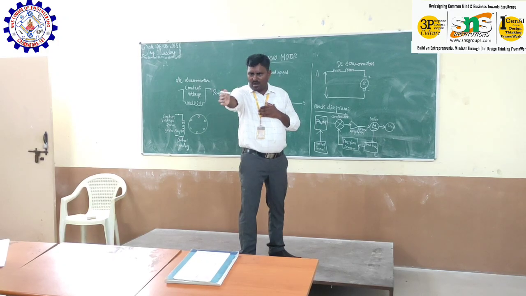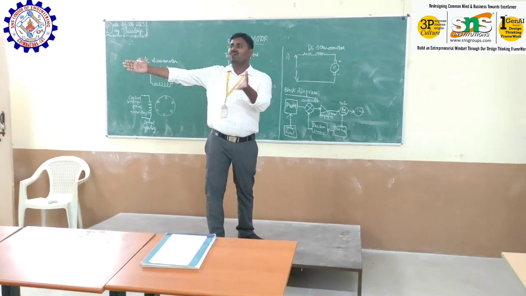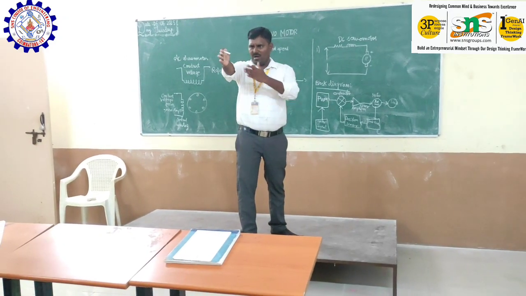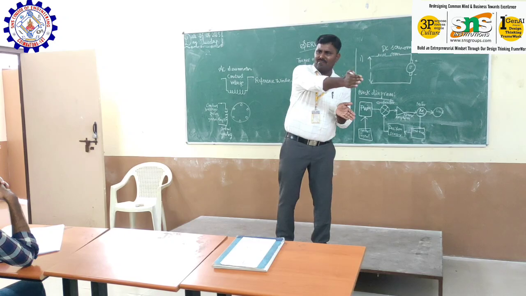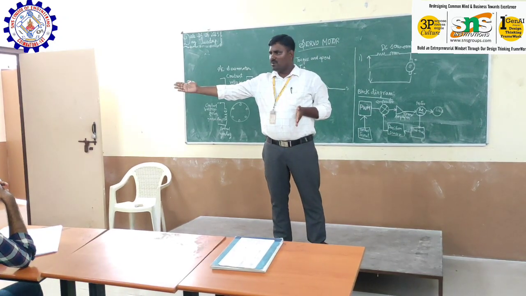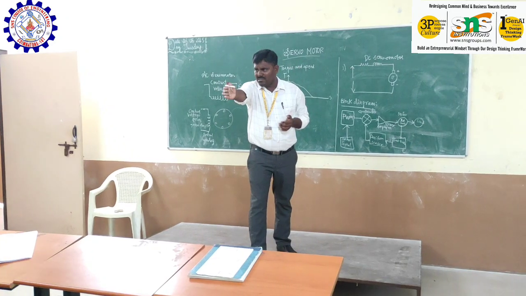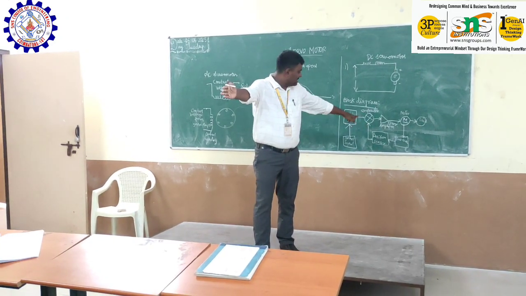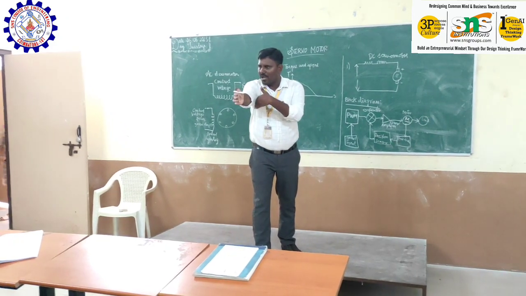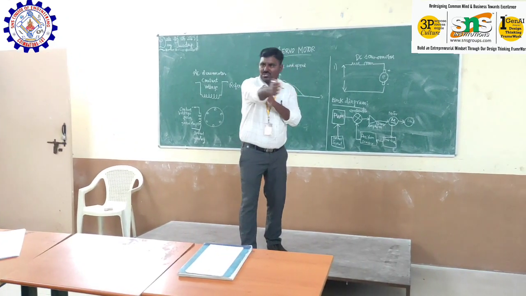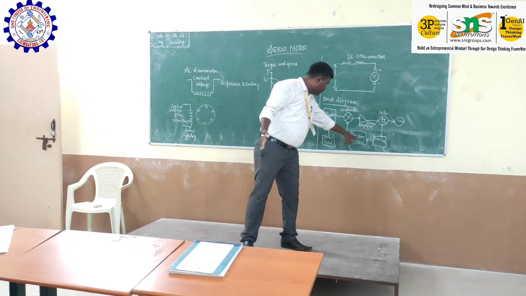Suppose the actual position is like this or like this, the position sensor will detect whether the actual position is below or after the expected value. The actual position should be like this, the expected position like this, but at the time of sensing, the actual position will be deviated from the expected position. So we have to sense the position.